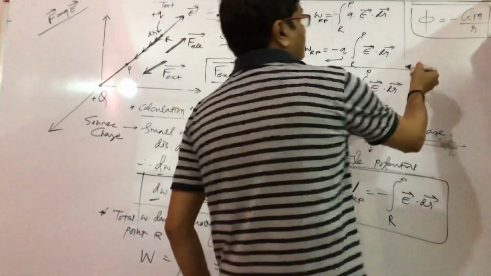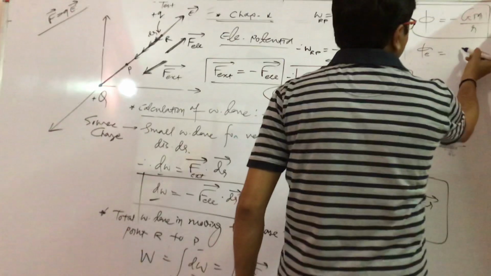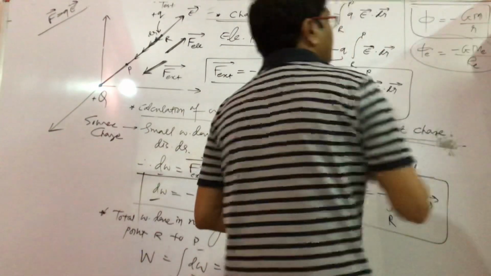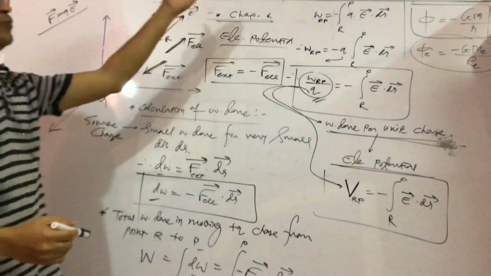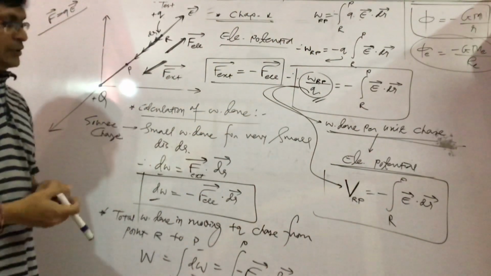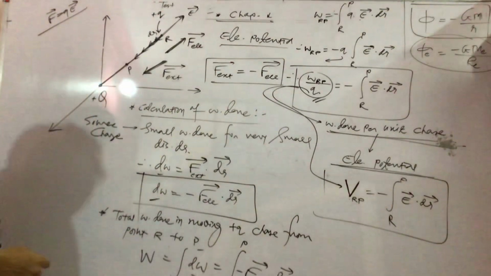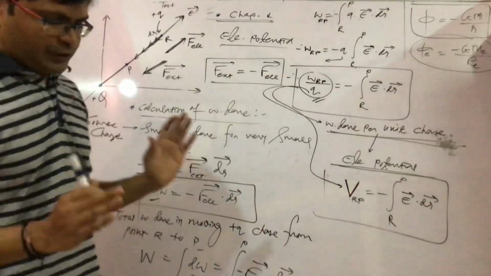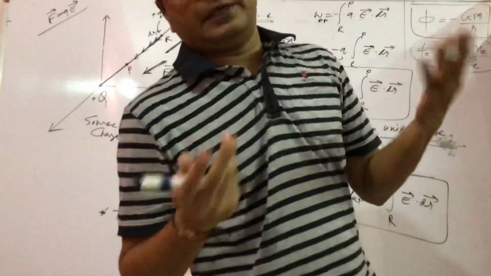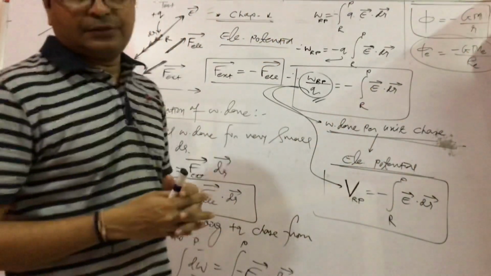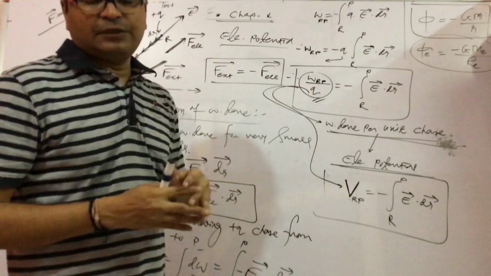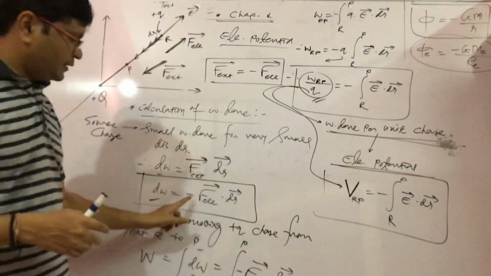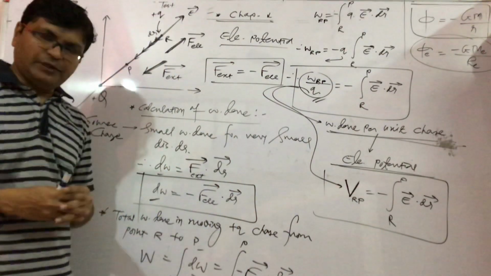On the surface of the earth, gravitational potential is minus G Me upon Re. At that time also we performed the same story. So similarly here, electric potential. One point is clear now: potential means work done required in moving charge from one point to another inside the electric field, and this minus sign indicates against the electric field.